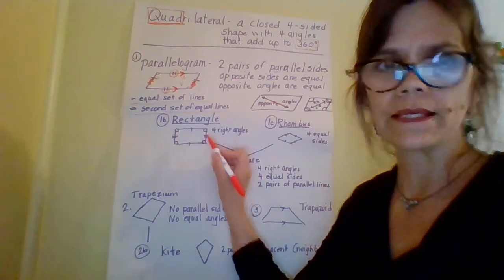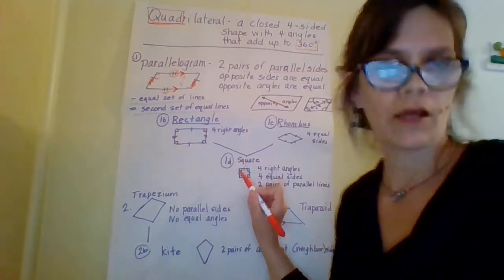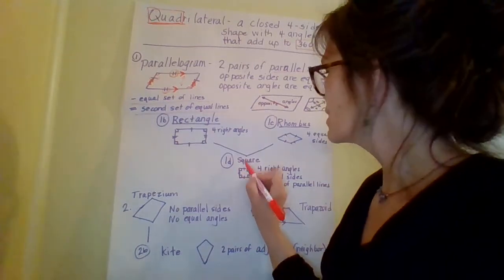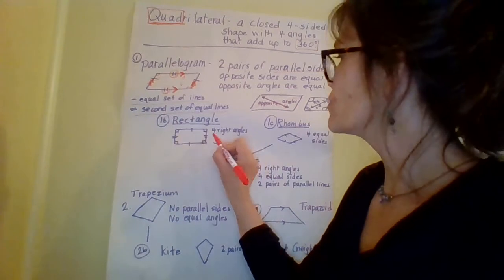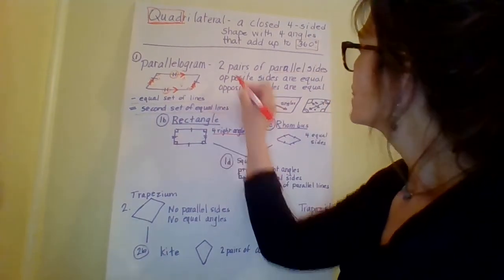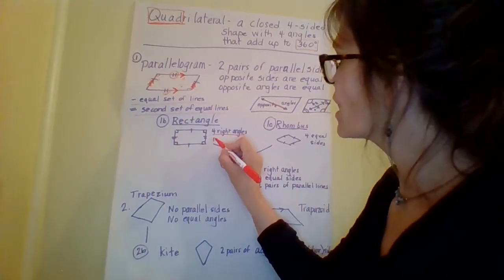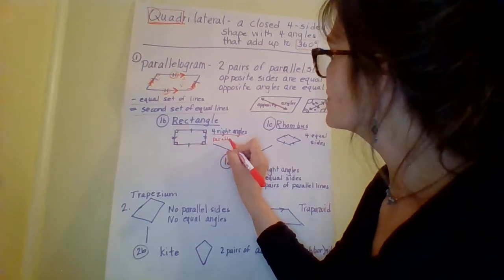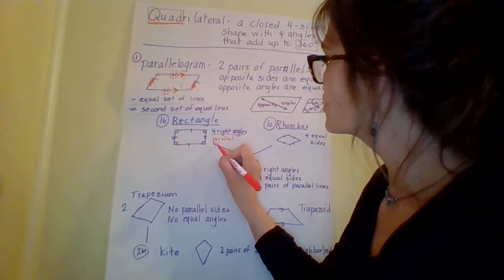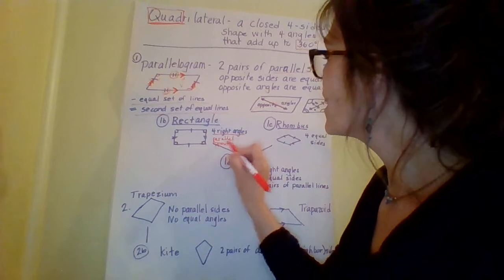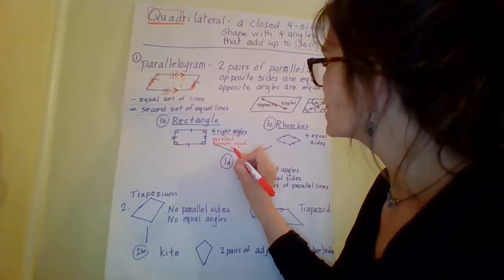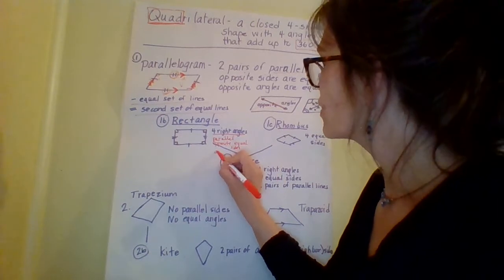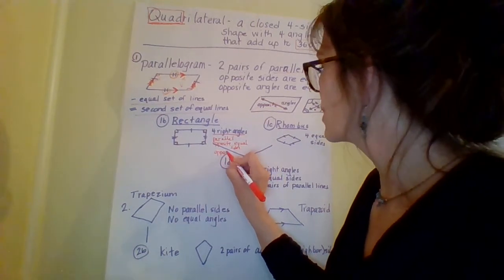And a type of rectangle is a square because a square has four right angles and parallel sides, and opposite sides are equal, and opposite angles are equal.